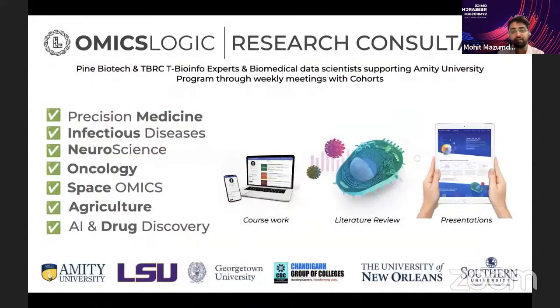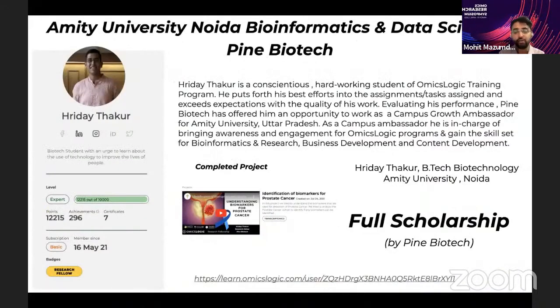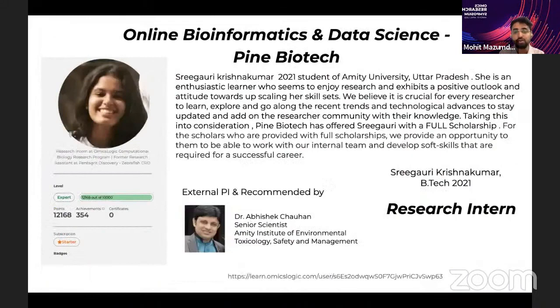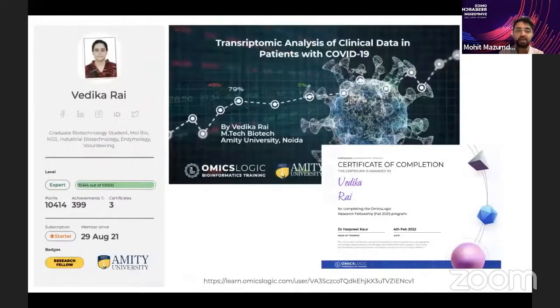All of this involves research consultation, where we talk about these different areas of research, utilizing public repositories, our online tools, and the TBIOinfo server, and coming up with projects and outcomes for students, helping them get scholarships, helping them do this on their own, and supporting them throughout their internship.